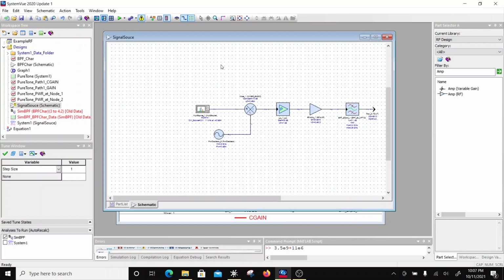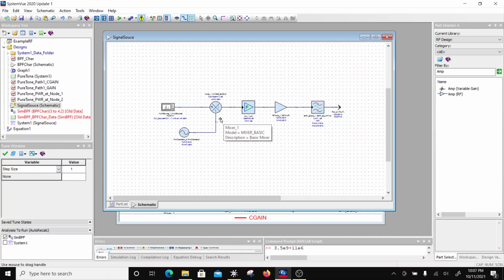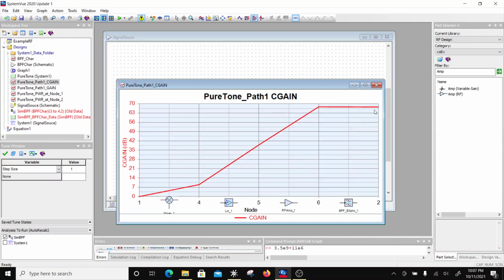So you understand, we have looked at the compression characteristics, or we have done the linearity budgeting over here, and this is the total gain of 67.6, right? Here 67.6 is the overall gain.